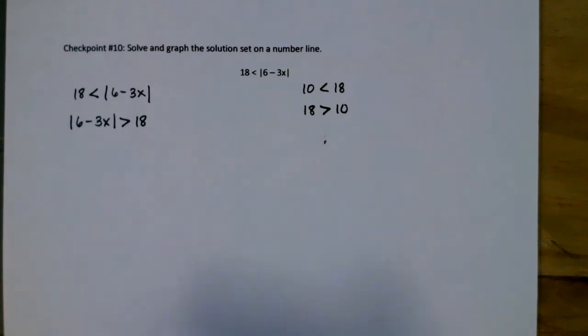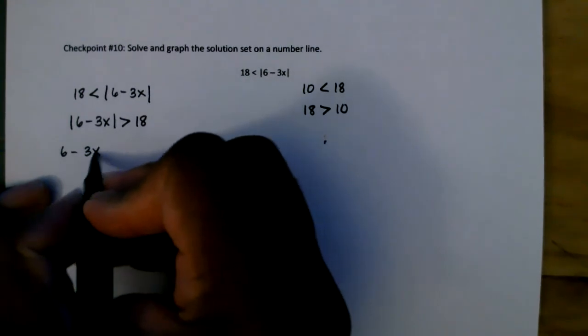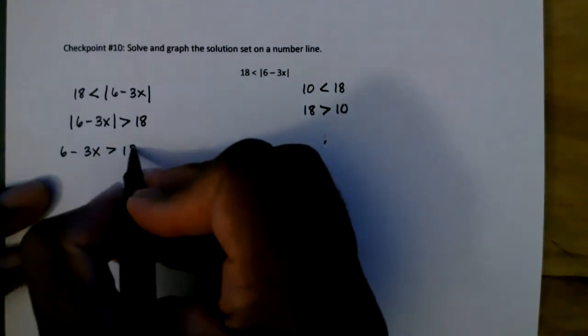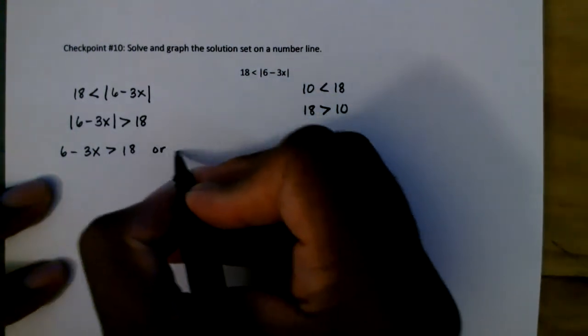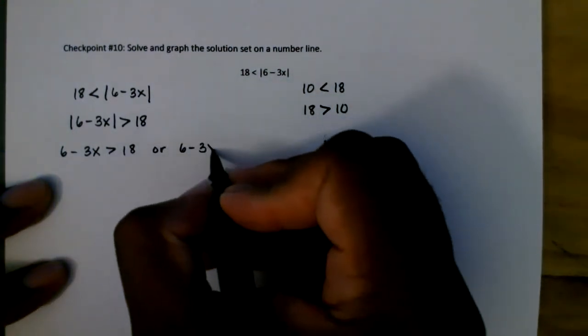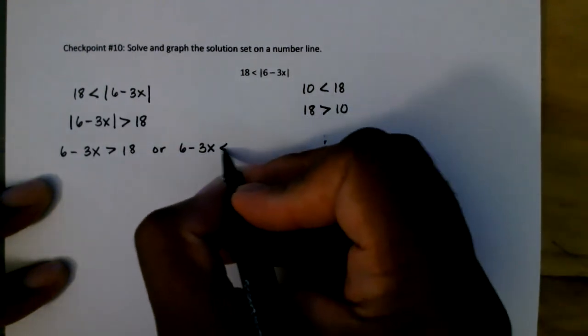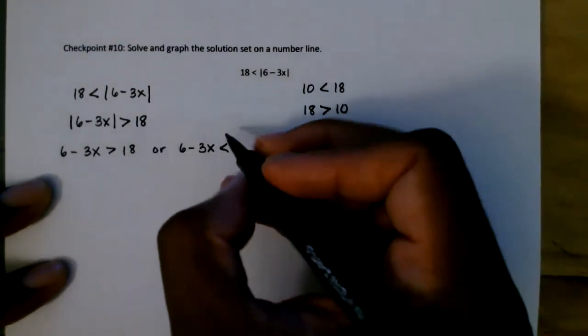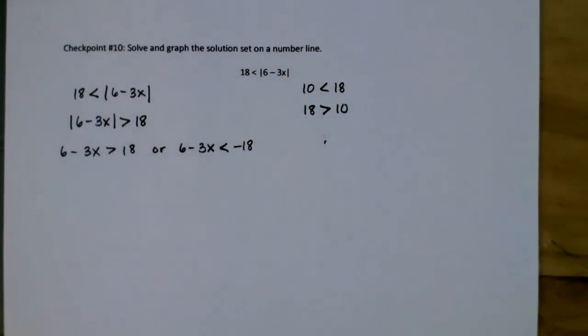The first is 6 minus 3x is greater than 18, without the absolute value symbol, or 6 minus 3x is less than negative 18. On the second inequality, we switch from greater than to less than, and positive 18 becomes negative 18. So you're going to solve 2 separate inequalities here.